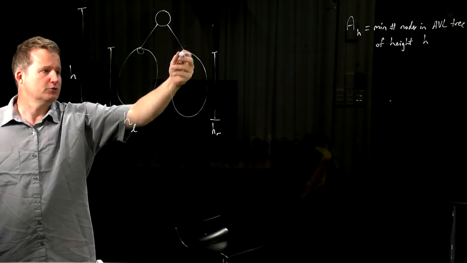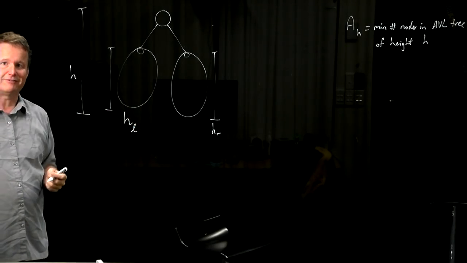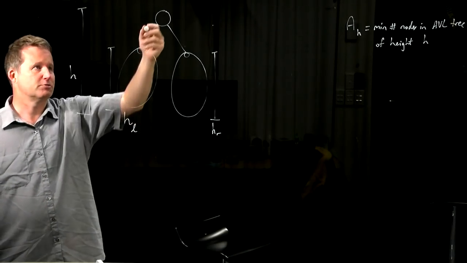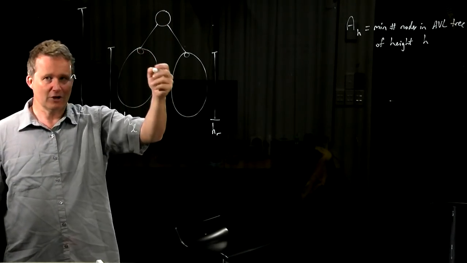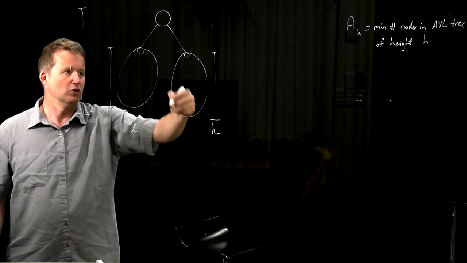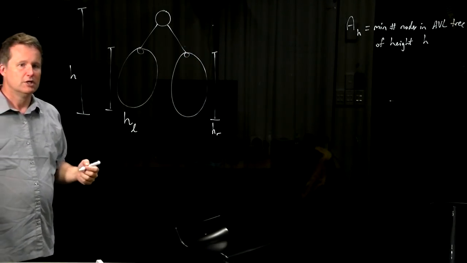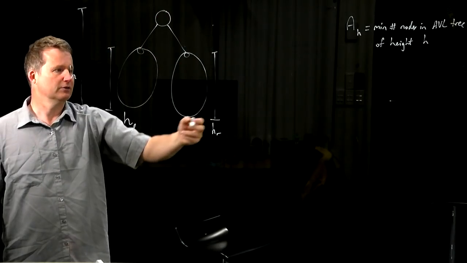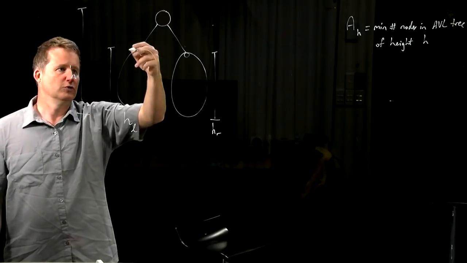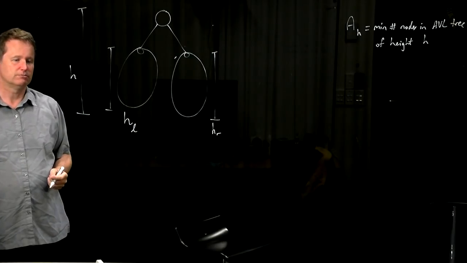Its left and right subtrees are also AVL trees because of the recursive definition of the balance property. If the balance property holds everywhere in the tree for every node, then it certainly holds for subtrees of the original tree. So in other words, I have an AVL tree here which has the smallest possible number of nodes for its height, and I've got two AVL trees here, which are the left and right subtrees.